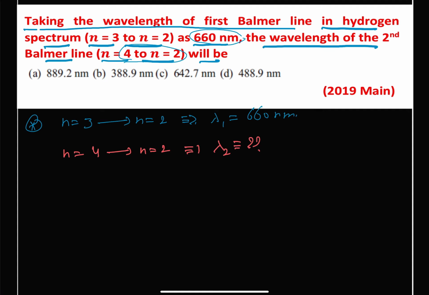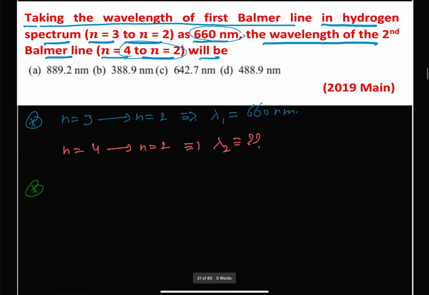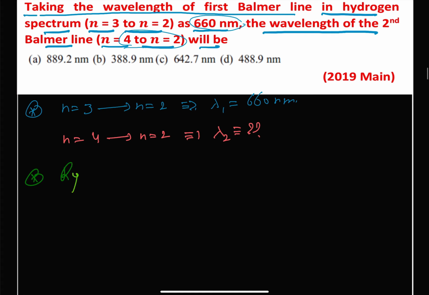And we can just use the Rydberg formula and try to solve it. So Rydberg formula gives us 1 upon lambda is equal to R, and for the Balmer series, we know that our final state is n equal to 2, and initial can be 3, 4 and 5, and so on.